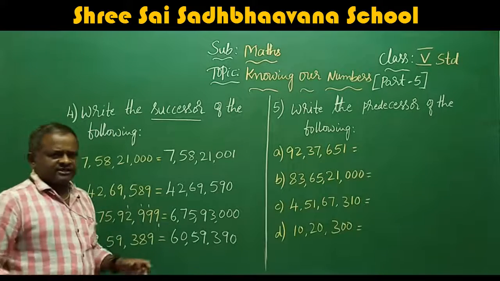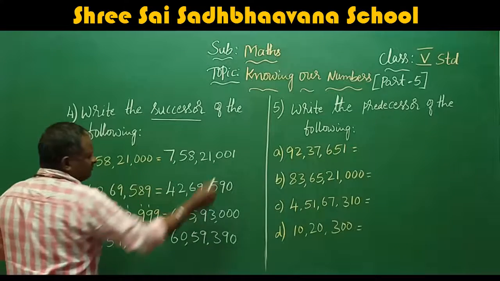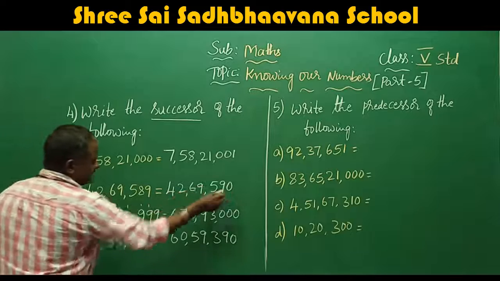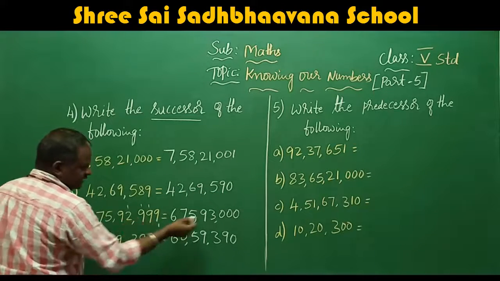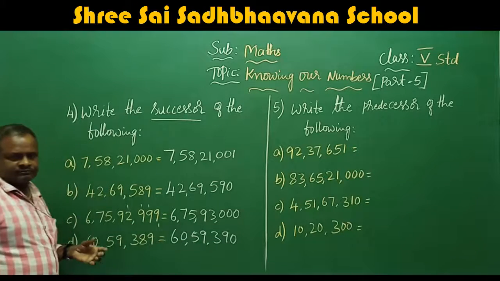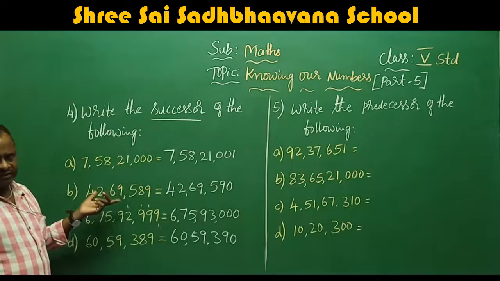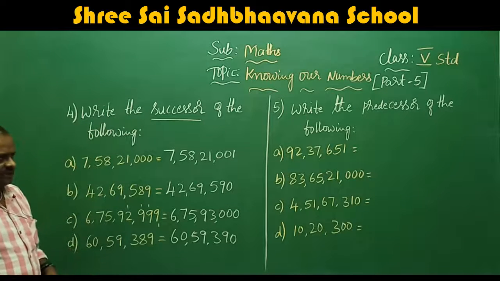Successor means the next number, just the next number. That's all. Here you add 1. Here 89 becomes 90. Here 2,999 becomes 3,000. I hope there is no doubt in this. Successor means the next number.